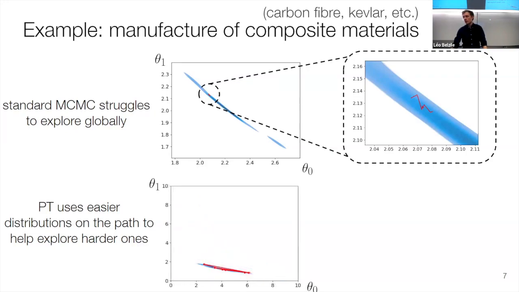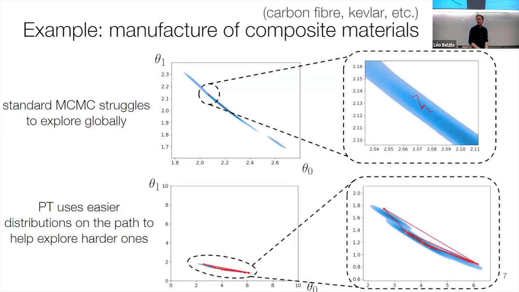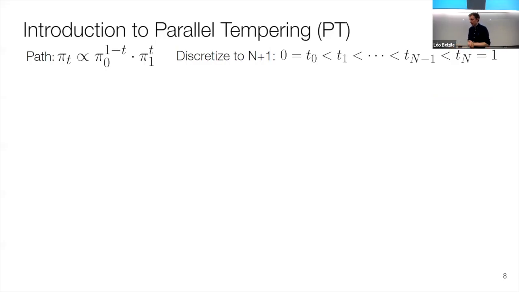And at some point, I get all the way back to the target, and you'll notice a pretty big difference here in my parallel tempering Markov chain, which, by the way, the individual Markov kernels running in each one of those distributions are exactly the same as this one that was really struggling on the target by itself. We see that you get much improved mixing of this Markov chain. Indeed, you get much larger jumps along the manifold, which is what you're hoping for. That's, I think, a pretty clear motivation for why we should care about PT.